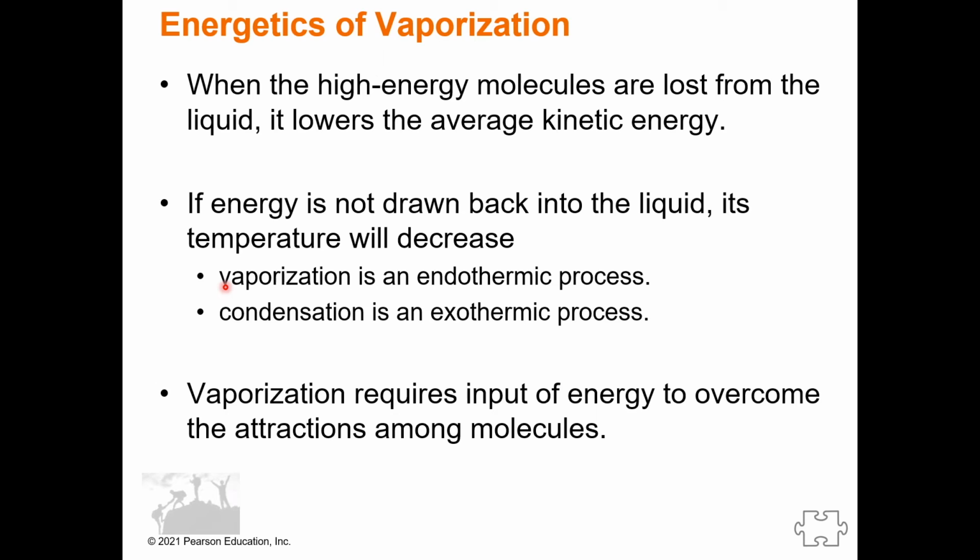As liquid molecules are becoming gas molecules, heat is being taken away. This is an endothermic process. So in order for liquid molecules to overcome the intermolecular attractions, heat is needed to break those attractions so that liquid molecules can become gaseous molecules.